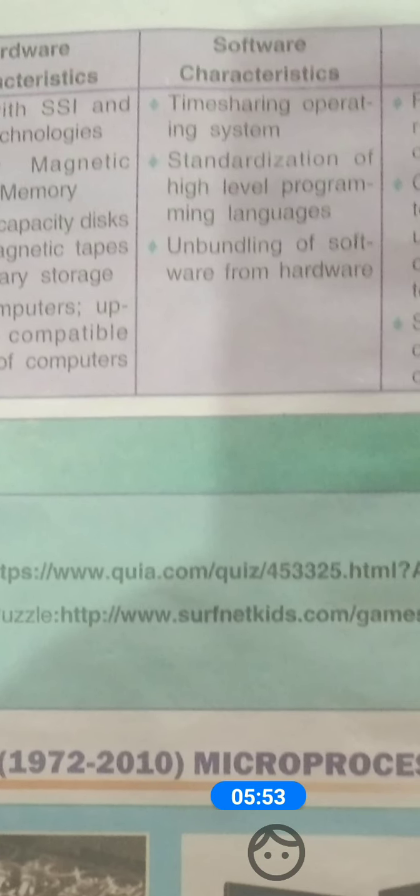And what are the software characteristics? Dear students, a time sharing operating system was introduced in the third generation. What is a time sharing operating system? It allows multiple users to share a computer simultaneously.